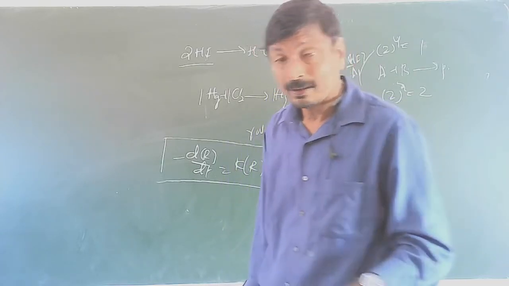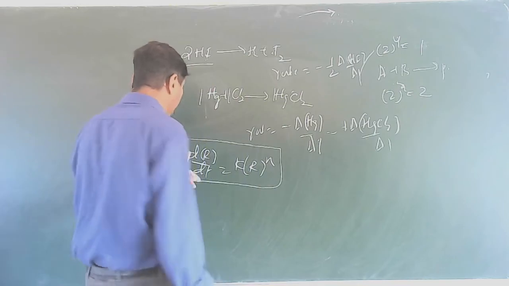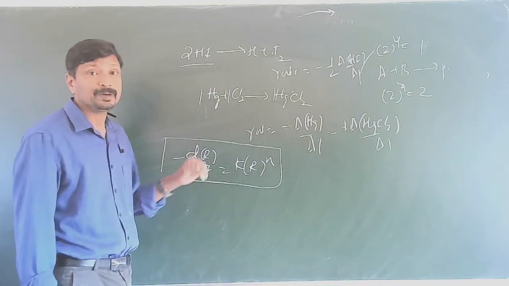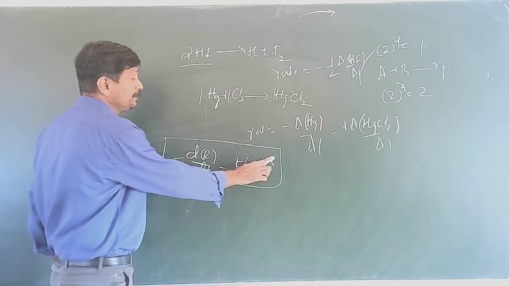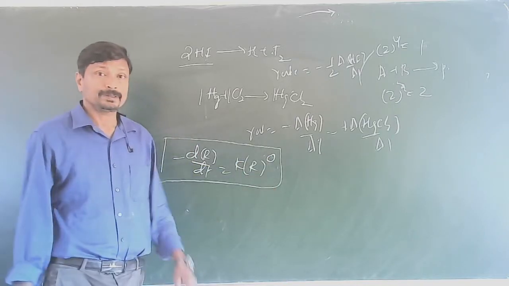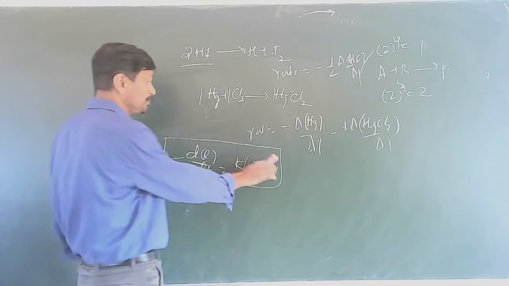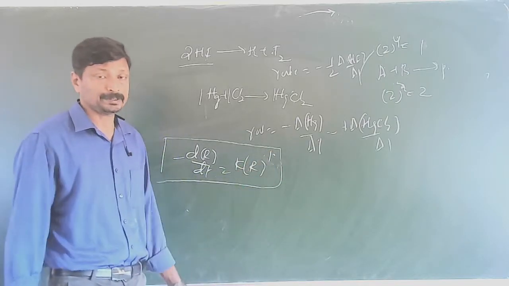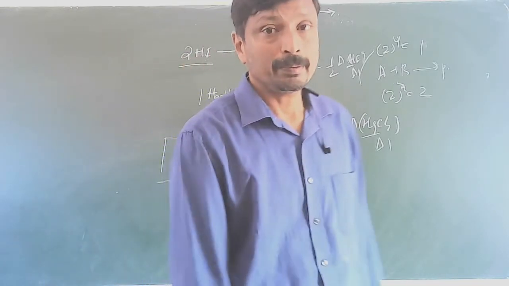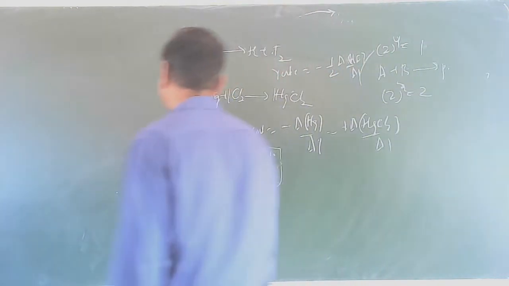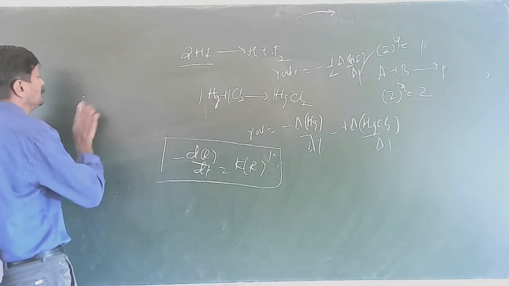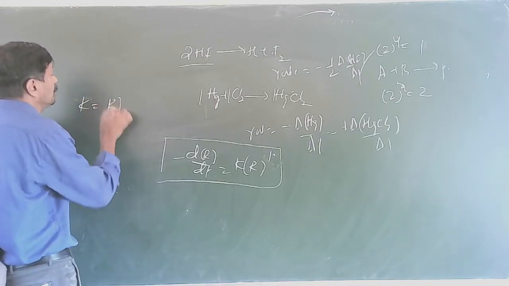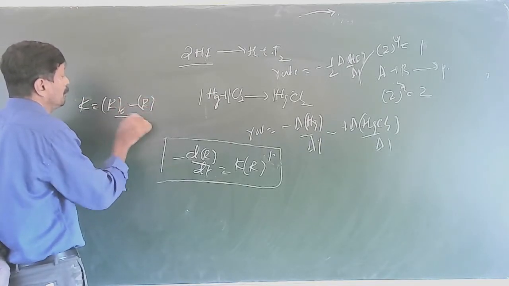After that, the most important thing is that this rate equation you have to integrate. Integrated rate equation. Suppose n is equal to 0, it is a zero order reaction. N is equal to 1, it's a first order reaction. You have to integrate. For zero order, the integrated rate equation is k is equal to R naught minus R divided by t.